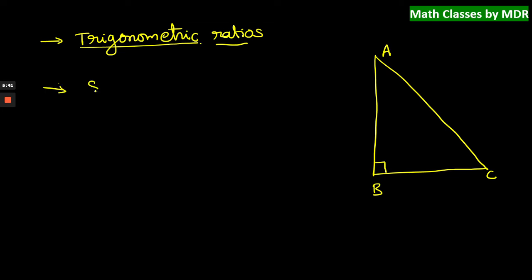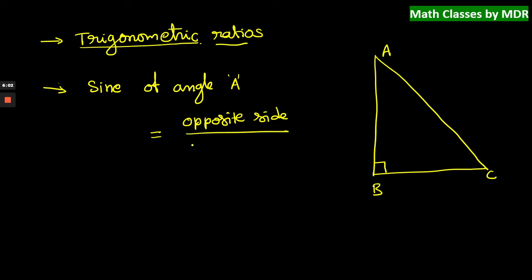Now let's start defining the sine. We can define it for either angle A or angle C. I will start with the sine of angle A, which is the opposite side to the angle A by the hypotenuse, and we write it as sin A. We read it as sine A. What is the opposite side here?